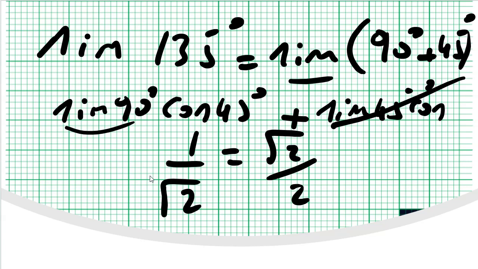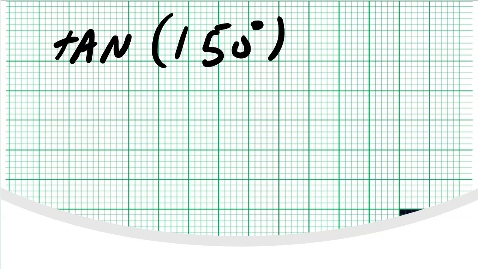Okay, now, excuse me. Now, if you have something, let's say, a tangent, okay? This is easy because the sine of 90 is 1. How about the tangent? The tangent of 90 is undefined. Well, how do we approach this? Tangent of 150 degrees. No calculator allowed. So what do you do?